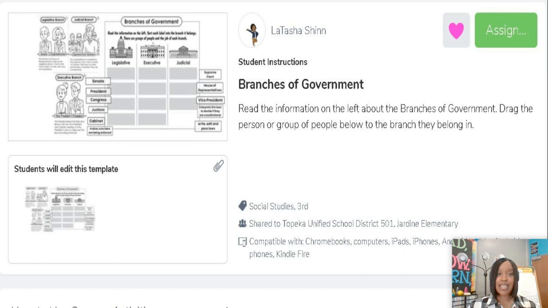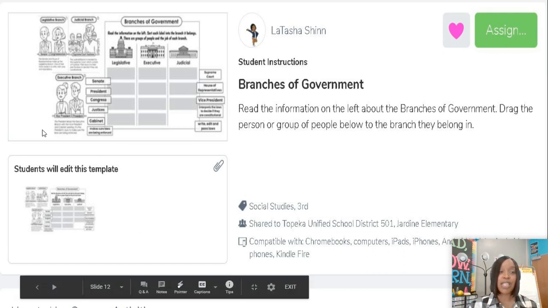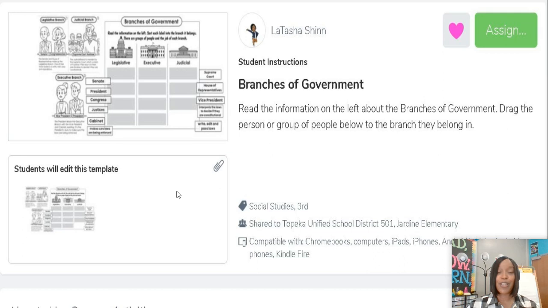So in your Seesaw assignment, you are going to identify who is in each branch of government and what that branch's job is. If you need a reminder, you can read these paragraphs over here to help you out. Don't forget when you are all done, press the green check so your teacher can see all the fabulous work that you have done.